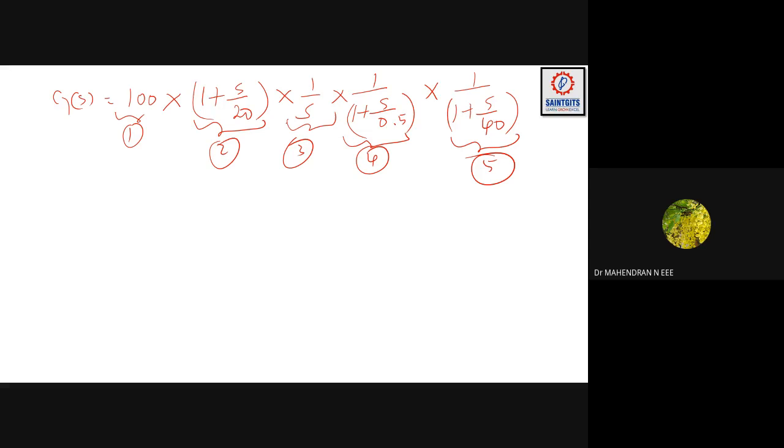This is a constant, this is a simple zero, this is an integrator, and this is a simple pole because it appears in the denominator, and this is another simple pole. So there are 2 poles, 1 integrator, 1 simple zero, and a constant.